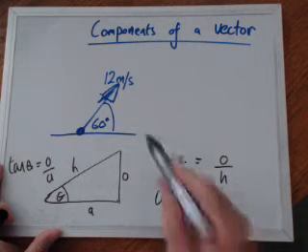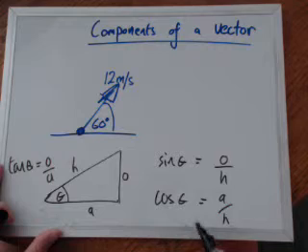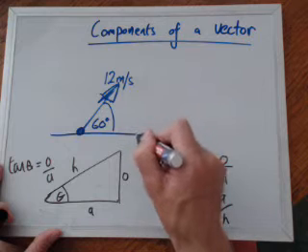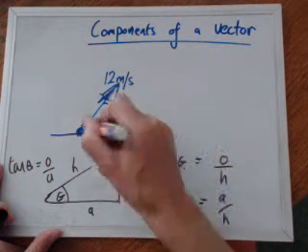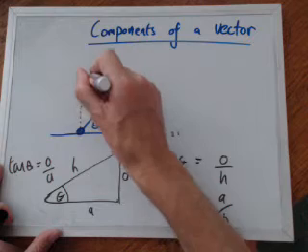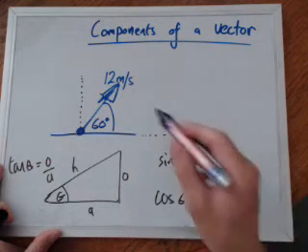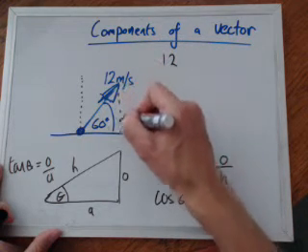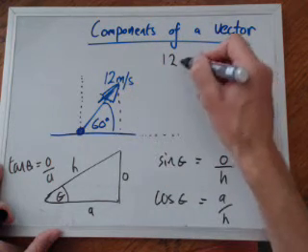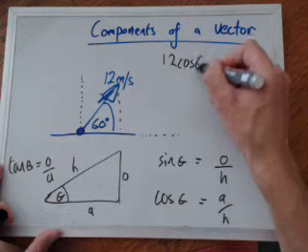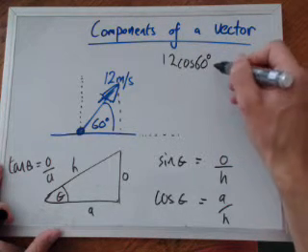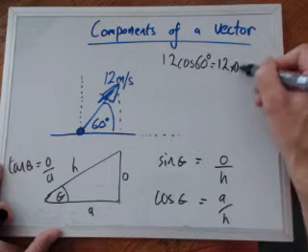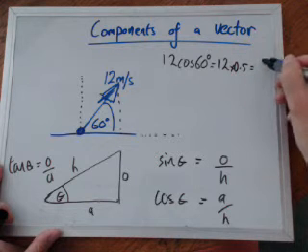So what we're going to do is replace that by two vectors, one going horizontally and one going vertically. The first vector will be simply 12 times cos of 60 degrees, which equals 12 times 0.5, which equals 6.